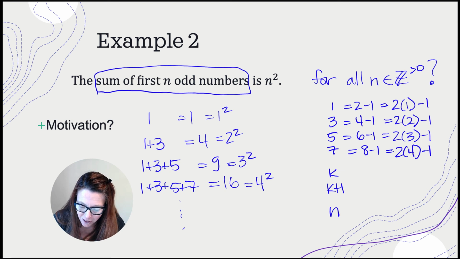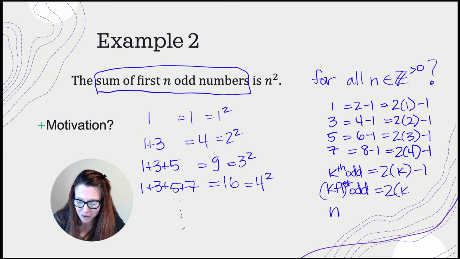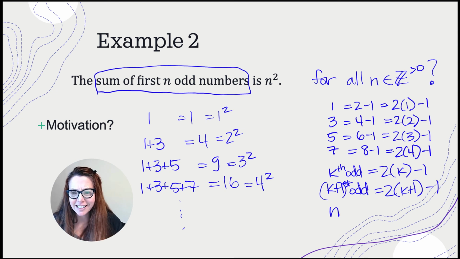And what that means for us is that the kth odd number is equal to 2 times k minus 1, and the k plus first odd number is equal to 2 times k plus 1 minus 1. And we're going to need that.